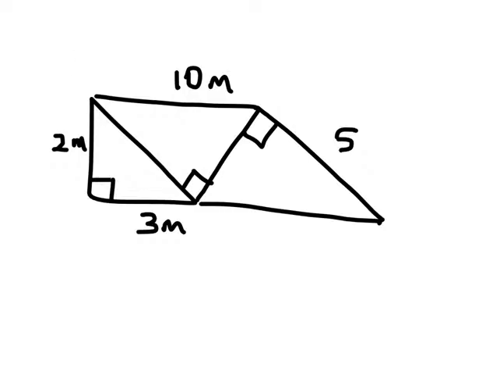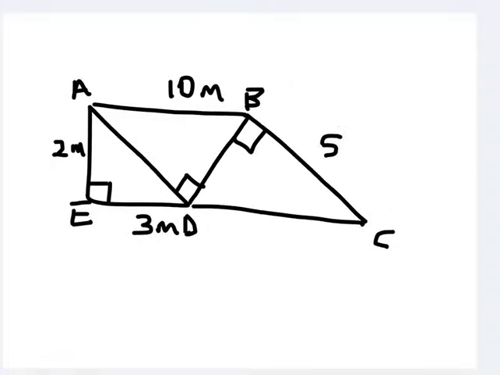And then, let's say you have A, let's say this is B, this is C, this is D, and then that point there is E.